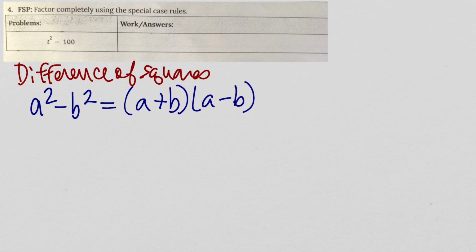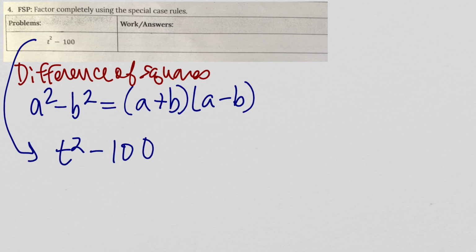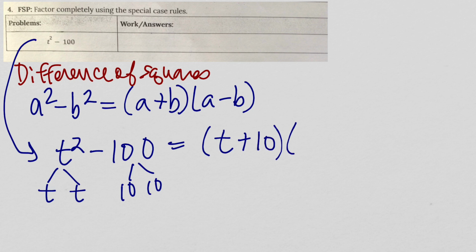So we need to do the reverse of what it says for this example here, t squared minus 100. So we want to know what would multiply to get t squared. Well, that's t and t. What multiplies to get to 100? 10 and 10. So when I set it up, my factor form is going to be t plus 10, t minus 10.